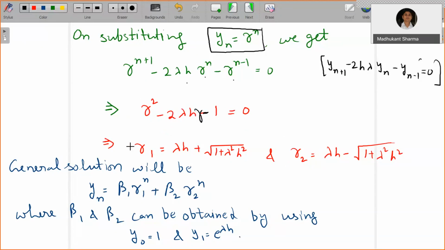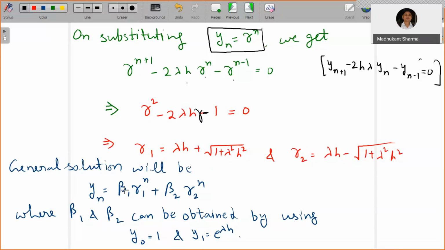Now, when you have these two values, the general solution will be the linear combination of the two solutions. One solution is r1 to the power n, another is r2 to the power n, for the difference equation. So the general solution is the linear combination of them.